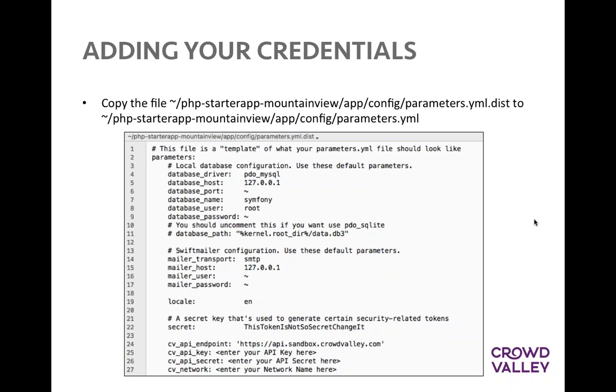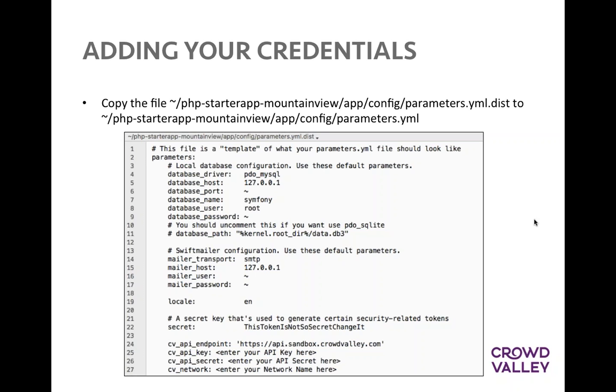Once you've downloaded it, then the next step is to add your credentials. The only file that you need to change in order to do this is in the app/config folder. We've provided a template version of the application parameters file, which we've called parameters.yml.dist.